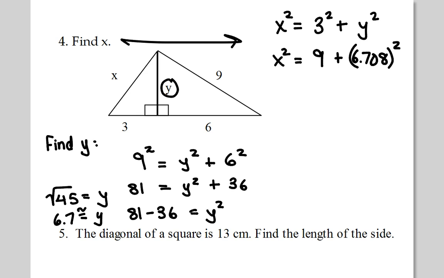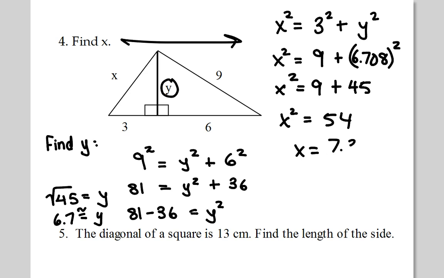It becomes 45 again. Then I can add 9, and then I can square root 54. And I get 7.35 roughly.